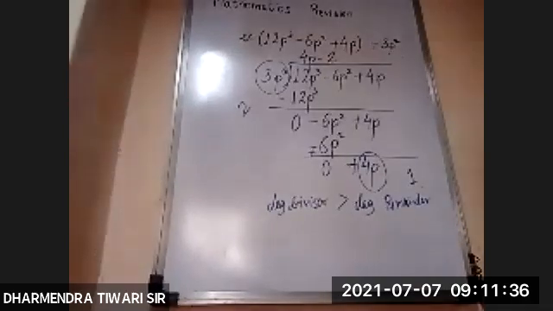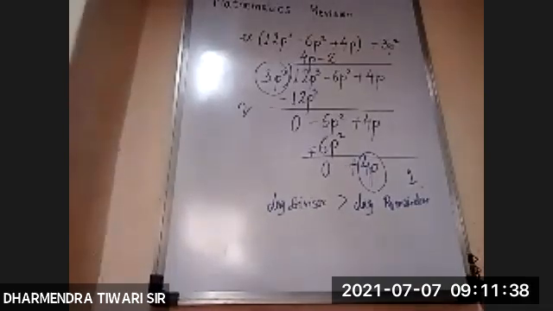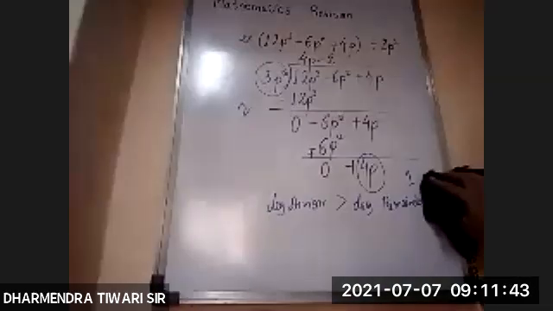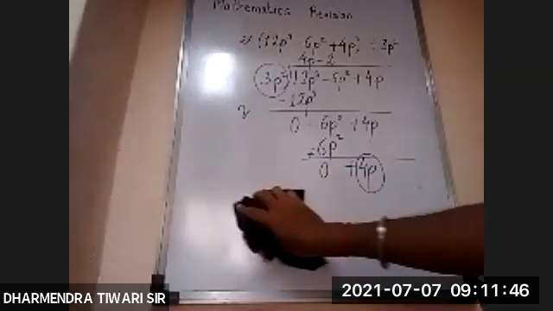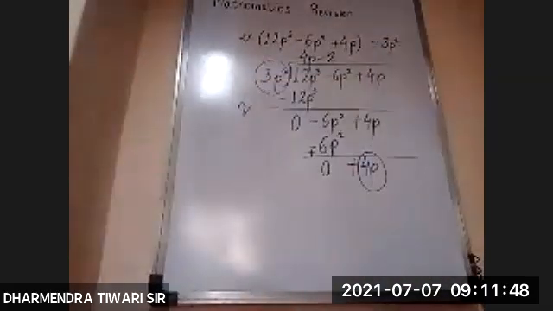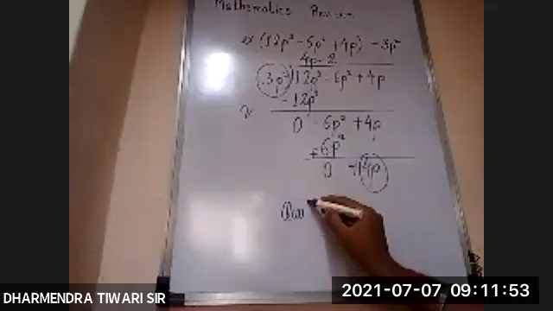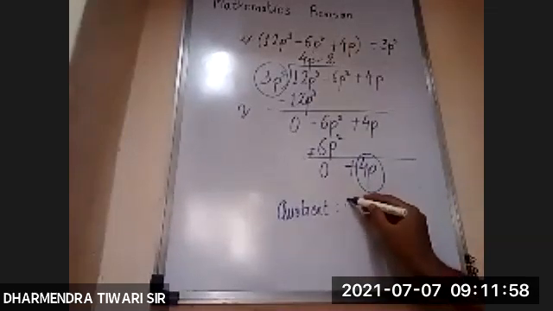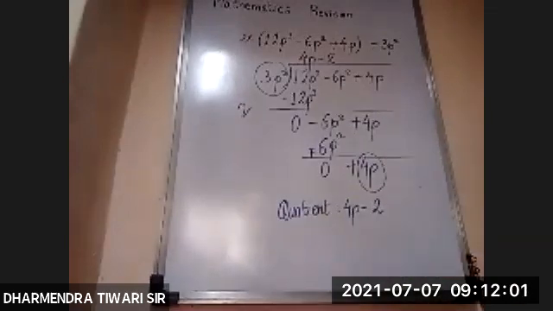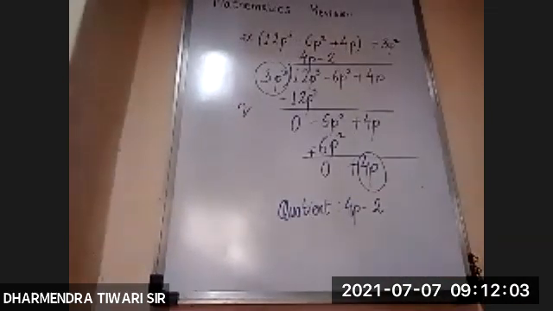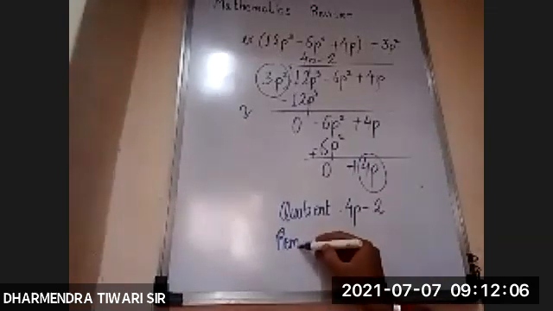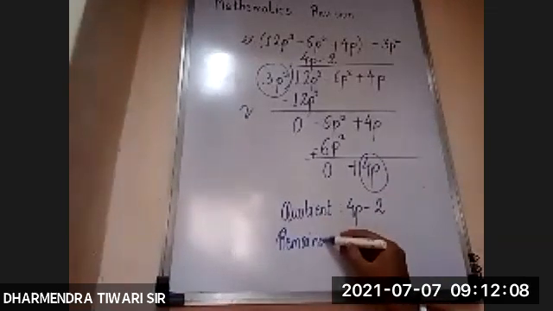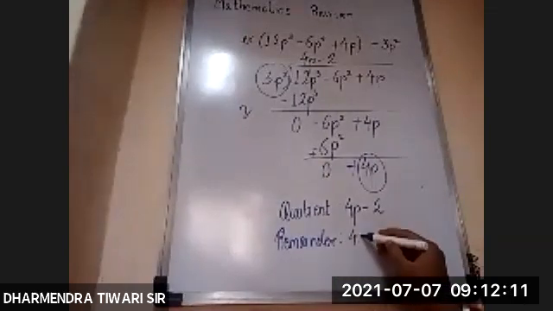The division is not possible. So this is your final answer. I will write the quotient and remainder. The quotient is 4p minus 2 and the remainder is 4p.